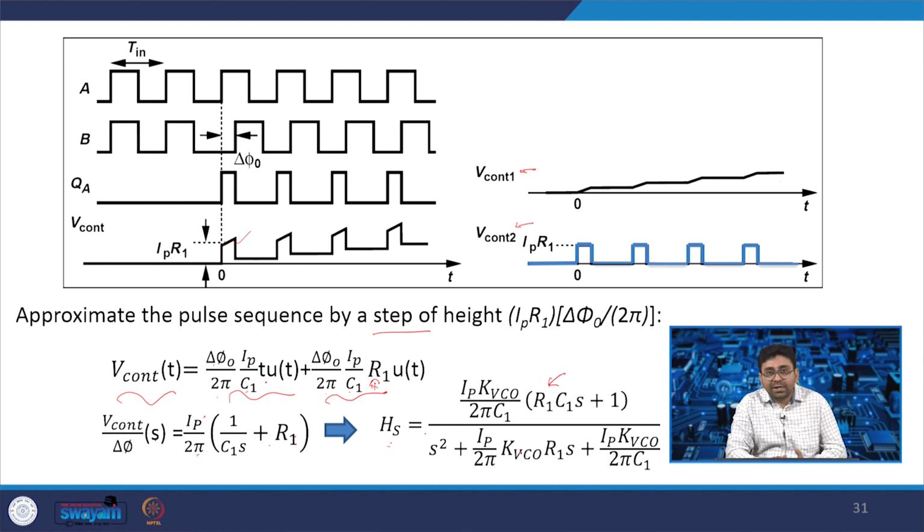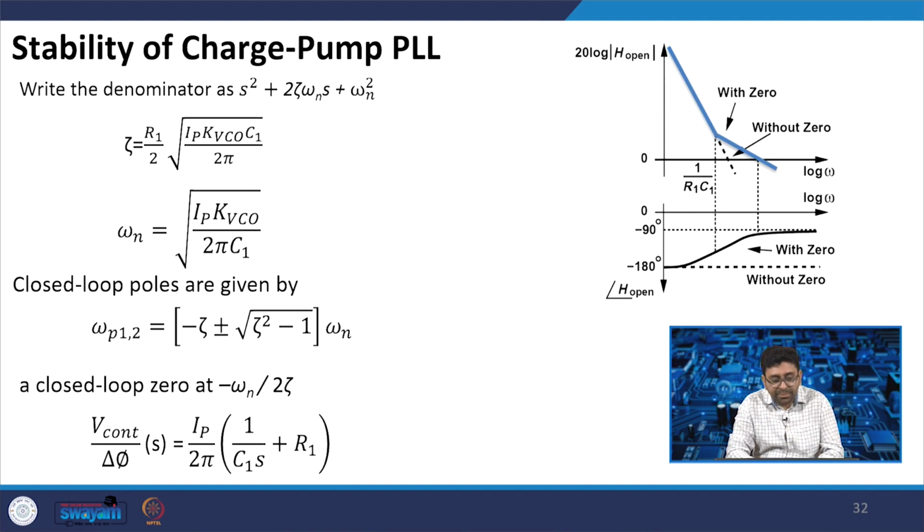This is a similar transfer function from which we can find the damping factor, if we compare with the standard transfer function for stability, that is s² + 2ξωn s + ωn². So, ξ will be given by R1/2 times the square root of Ip·KVCO·C1/2π. Your natural frequency ωn depends upon Ip·KVCO divided by 2π·C1.